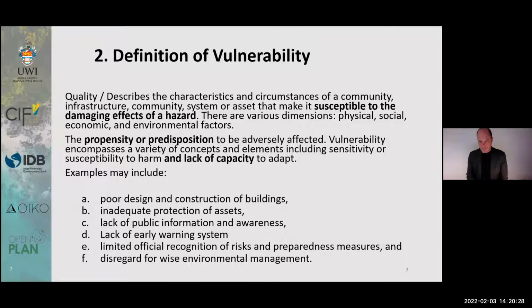They are susceptible to receiving those effects and damages. So I try to classify vulnerability into various dimensions. Of course, there's physical, social, economic, and environmental. We will review this later, but the propensity to be adversely affected would be the definition of vulnerability altogether.